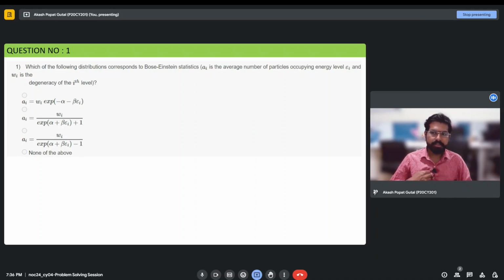This question is asking: we have degeneracy for each level, denoted by omega i, and we need to incorporate it into the distribution. Take 2-3 minutes to solve this problem.